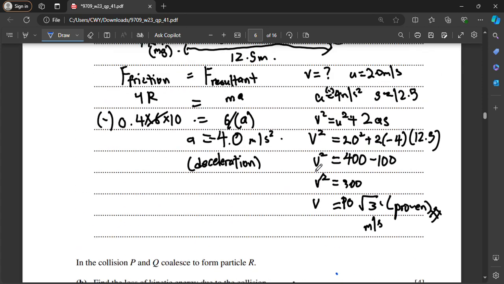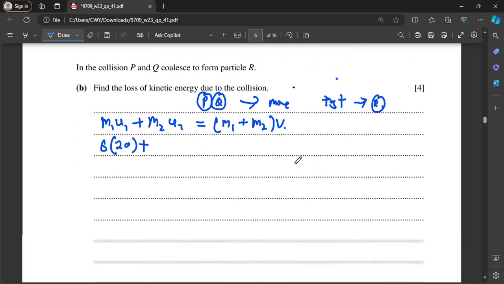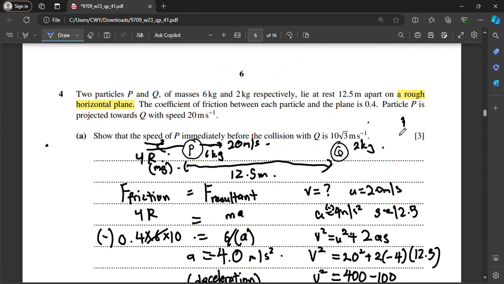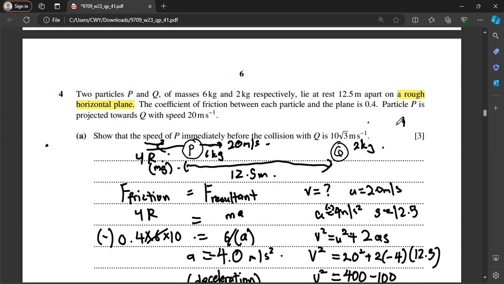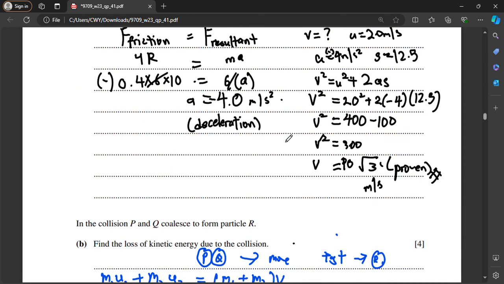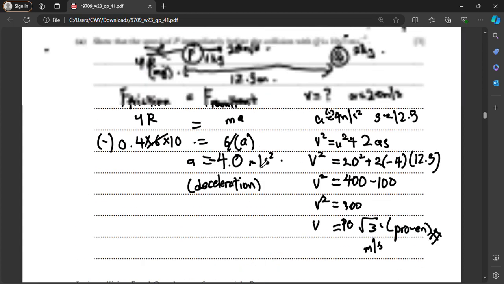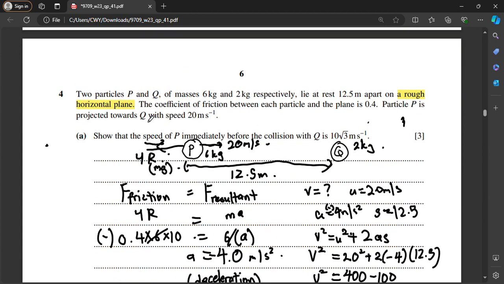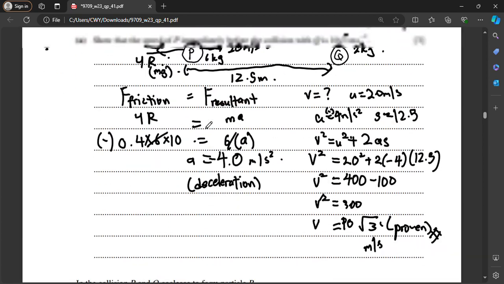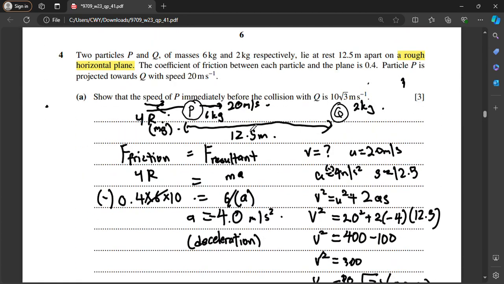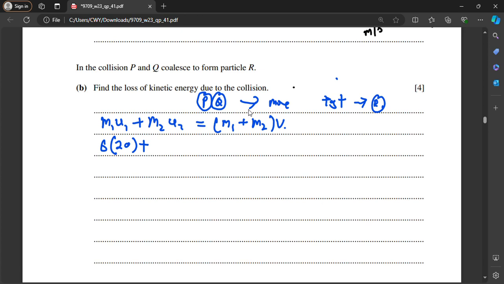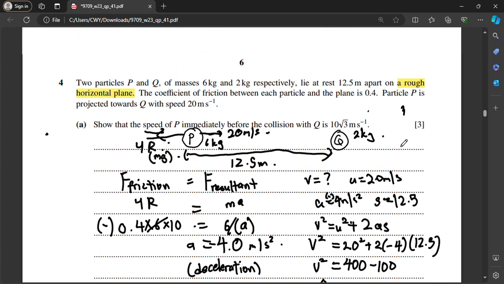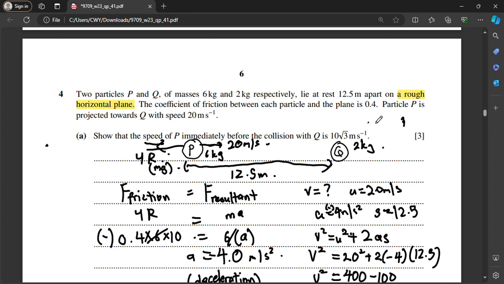Plus we have m2, because it says that Q, so m2 is 2, and then this one will be 10 root 3.